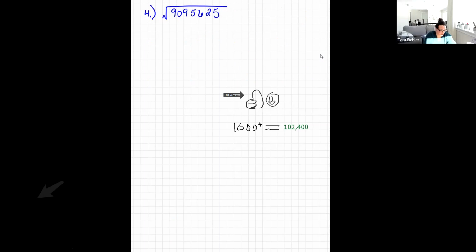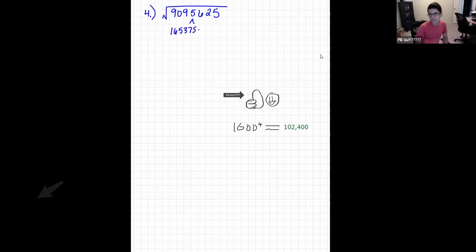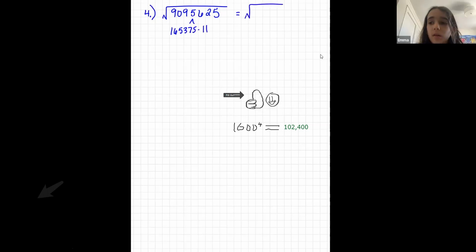So I even started off with 165,375 times 11. And I factored that all the way down till I got 3 to the third, 5 to the fourth, 7 squared times 11 to equal that number.